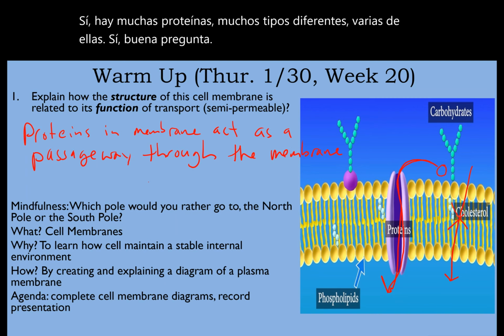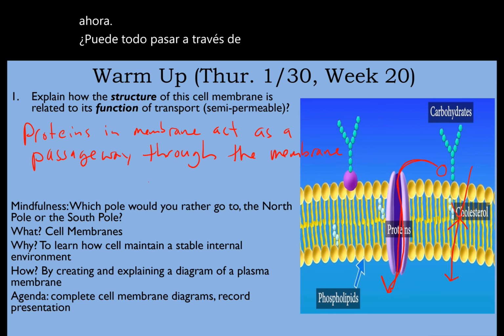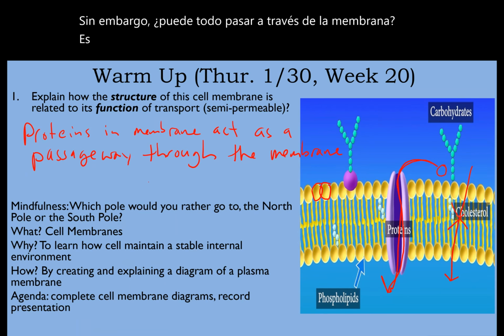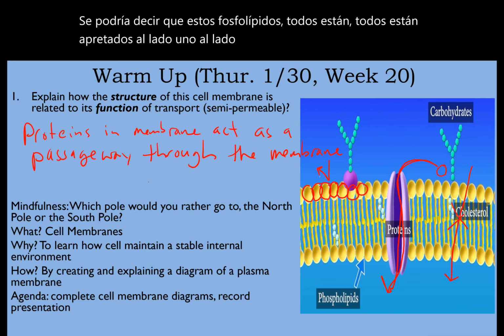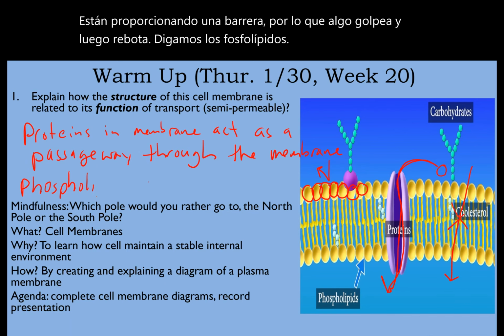I like that. Now, can everything go through the membrane though? You might say these phospholipids, they're all jammed in there tight next to each other. They're providing a barrier, so some things hit and then bounce off.